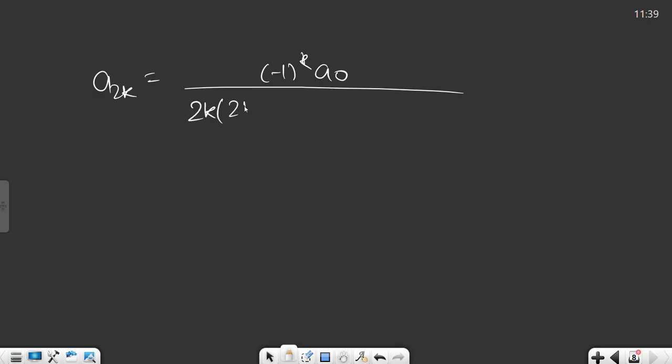So when you generalize this, a sub 2k comes out to be negative 1 to the k times a naught over 2k times 2k plus 2n, right? And times 2k minus 2, 2k minus 2 plus 2n, and that keeps going.